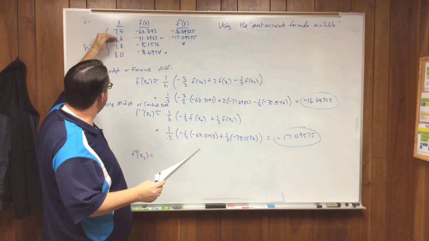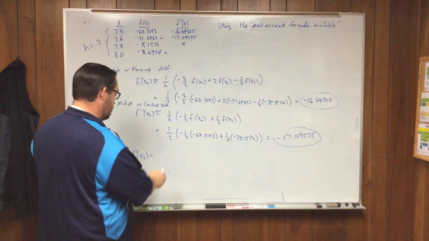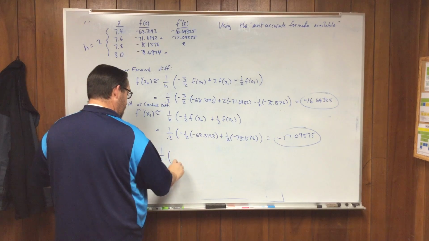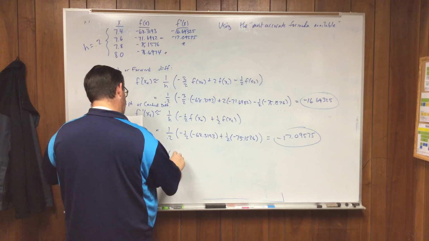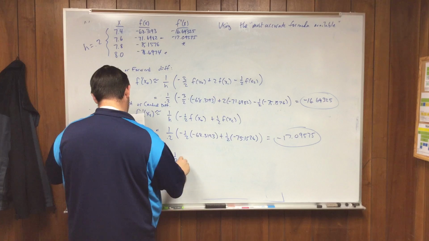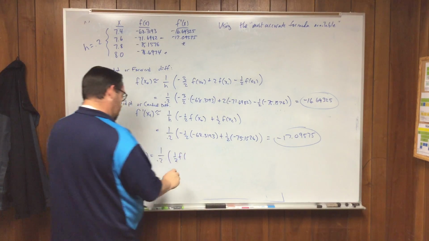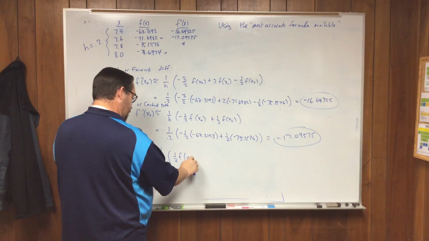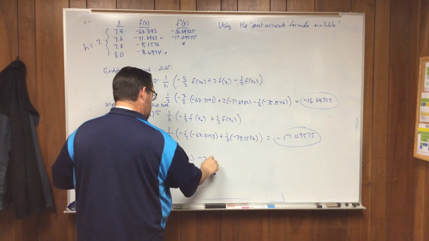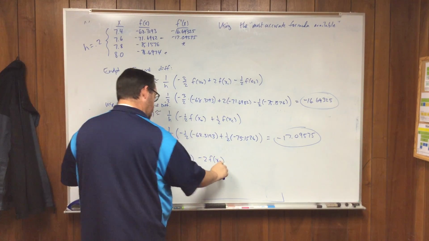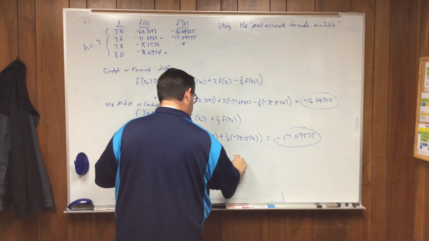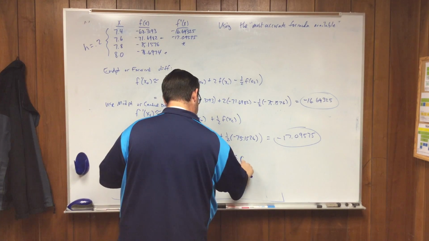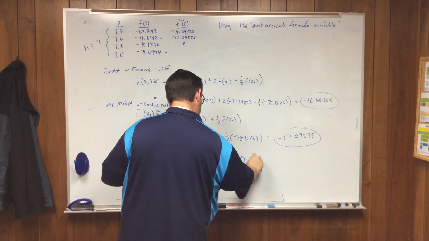And so I start here and work my way towards this one. So it's still 1 over 0.2. It's 1/2 times f at 2 points before this, so f at x1, minus 2 f of x2 plus 3/2 f of x3, where I am.